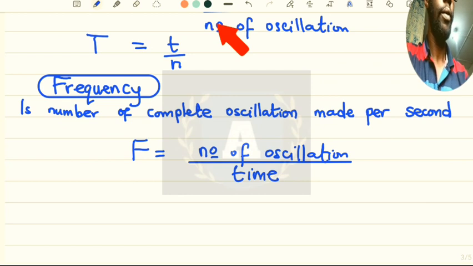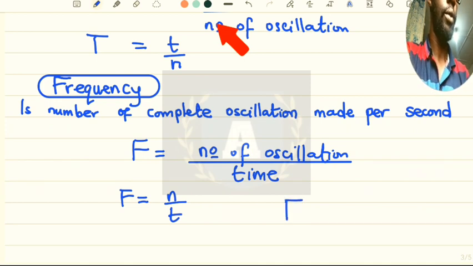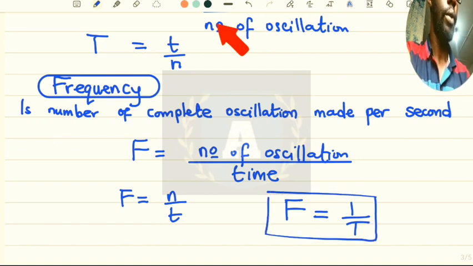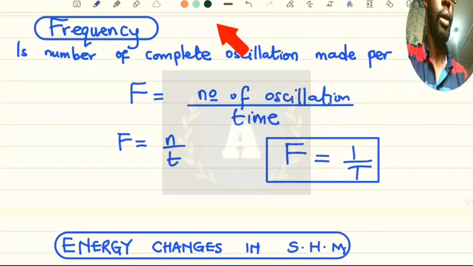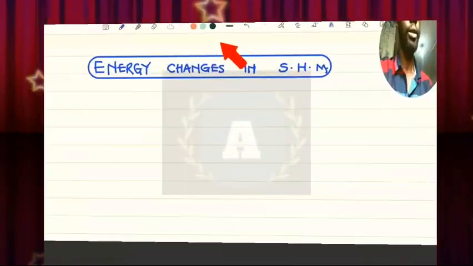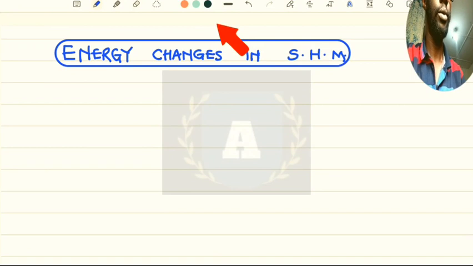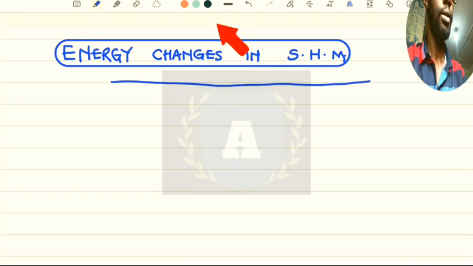That is, frequency is equal to n over t. So we can see that frequency is just the reciprocal of period. Now, energy changes in simple harmonic motion.